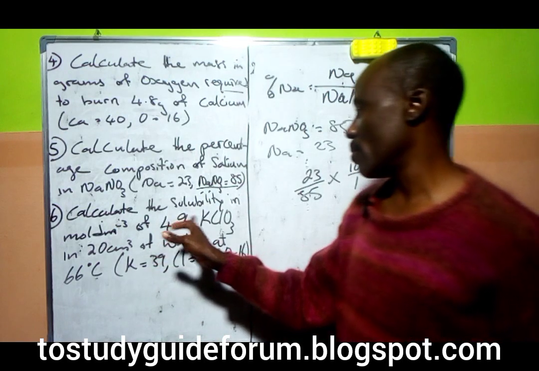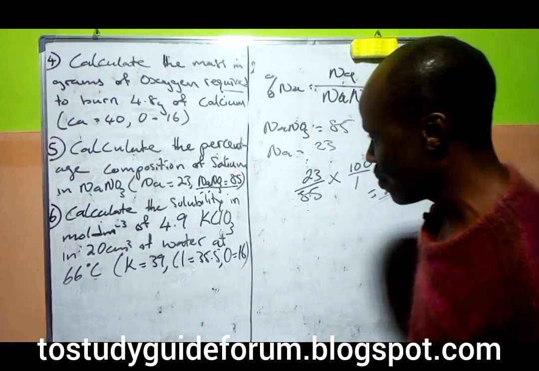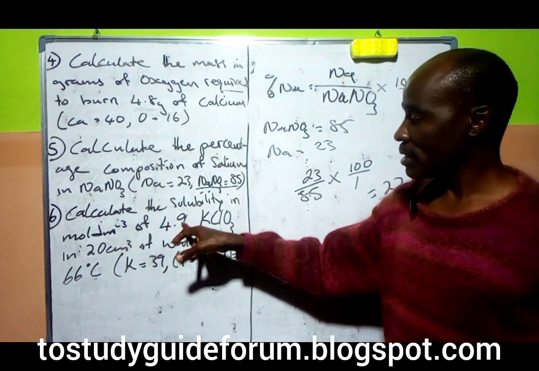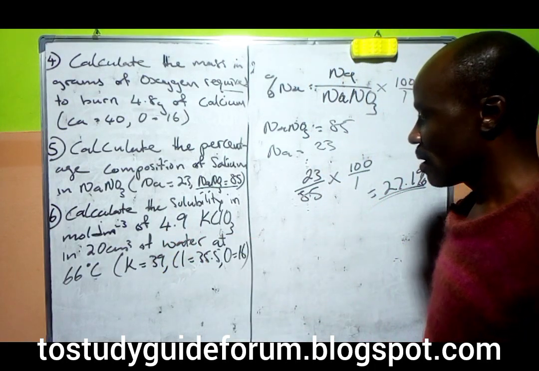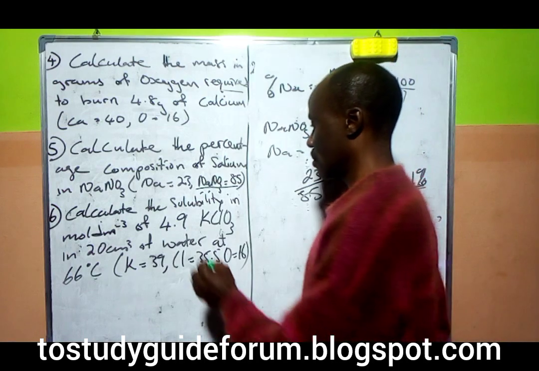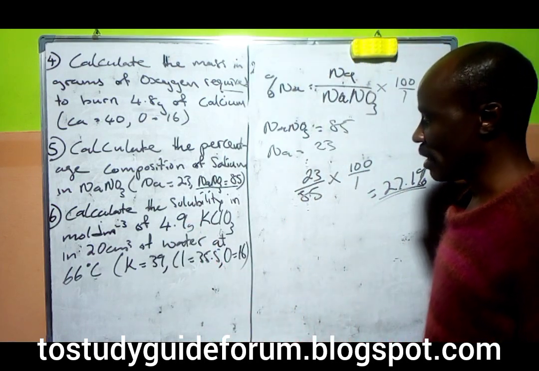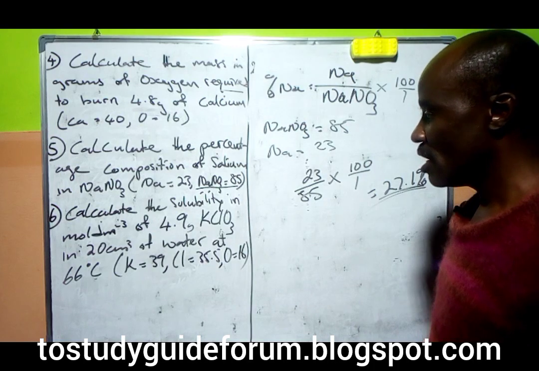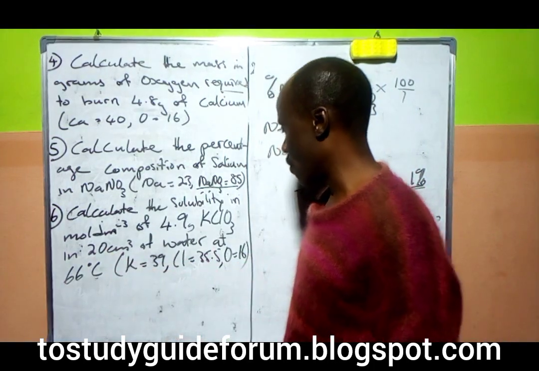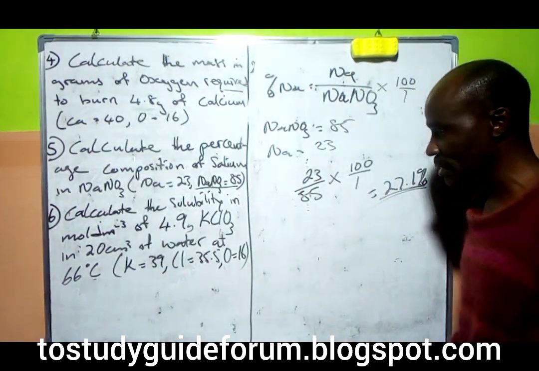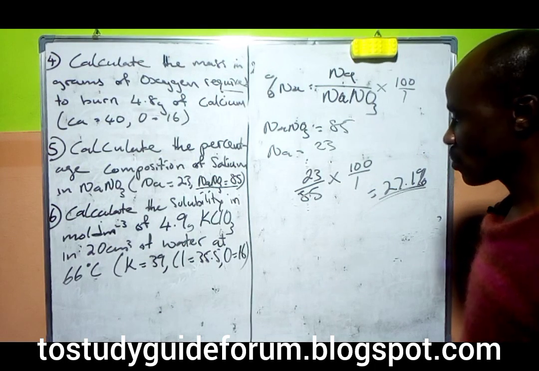It says calculate the solubility in mole per dm cube of 4.9 grams of potassium trioxochlorate(V) in 20 cm cube of water at 66 degrees Celsius.